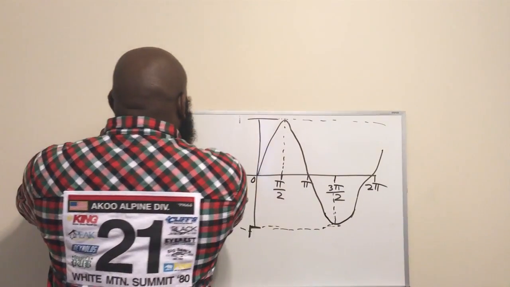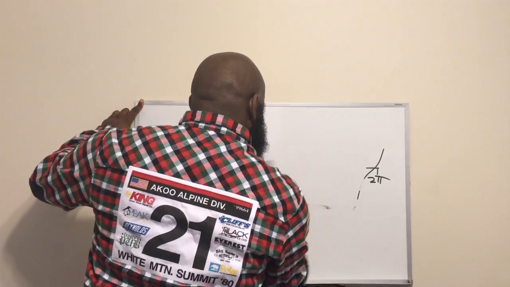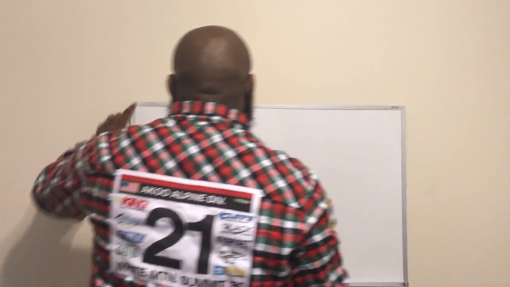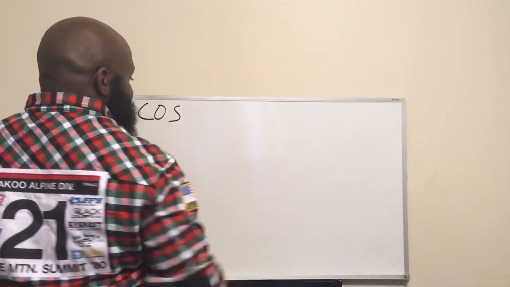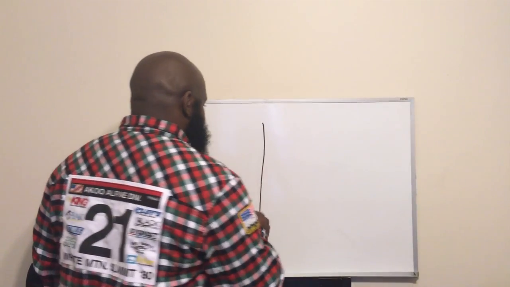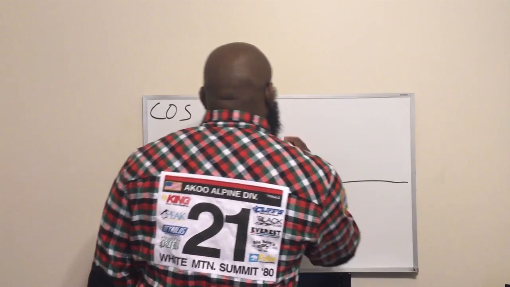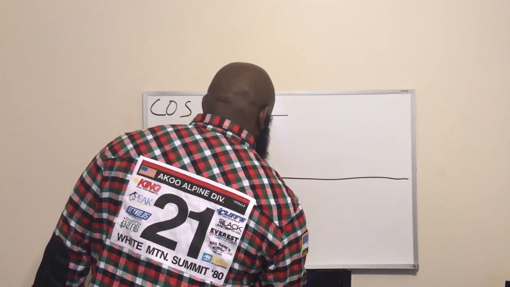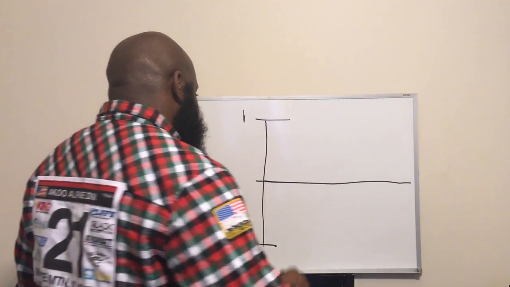So let's go over your cosine graph. We want to create a cosine graph. So we have 1 and we have -1.